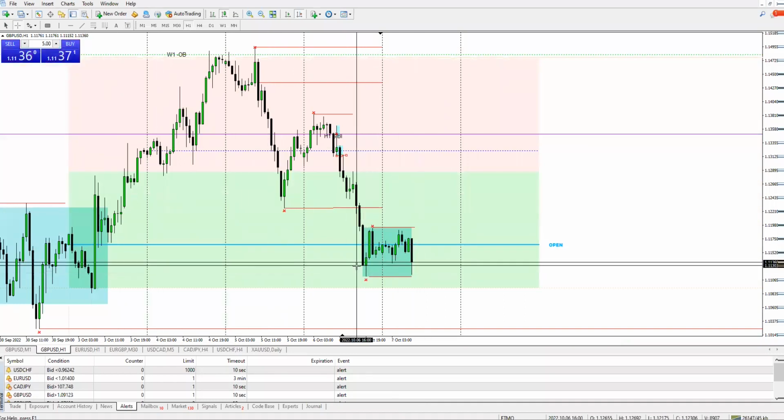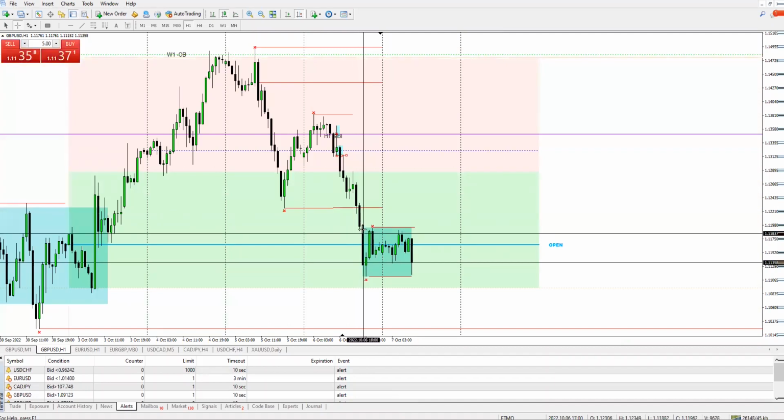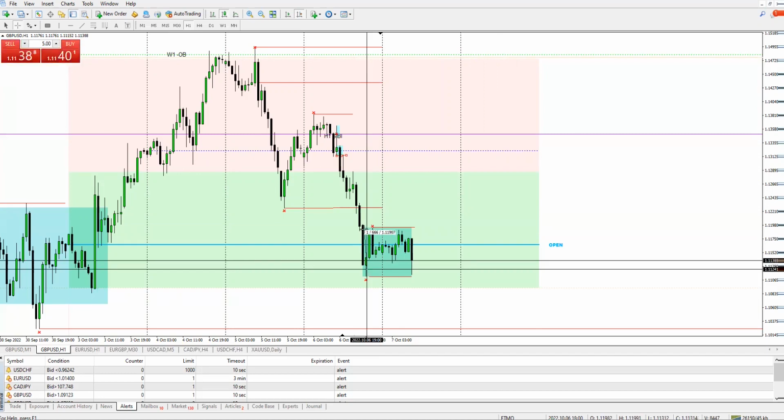Yeah. Okay, so taking this order, you would have at least wanted to target the closure of this void. So roughly down here, maybe you entered. That's still a good trade, even though it's against the way the orders are flowing at that given time. There's still a reason to take an entry and take profit.